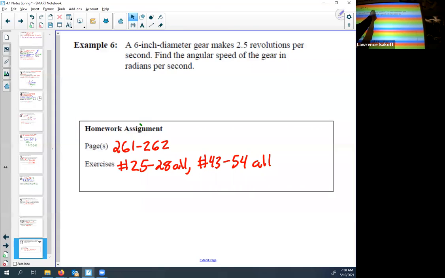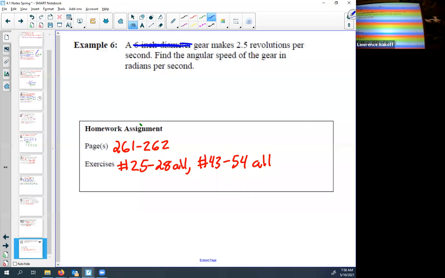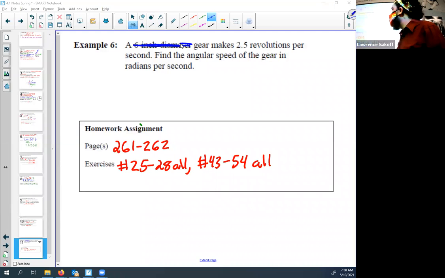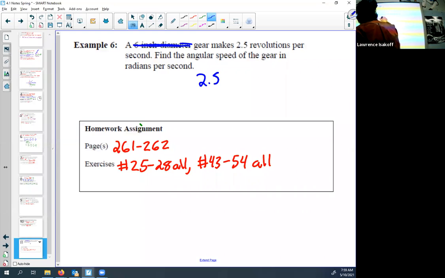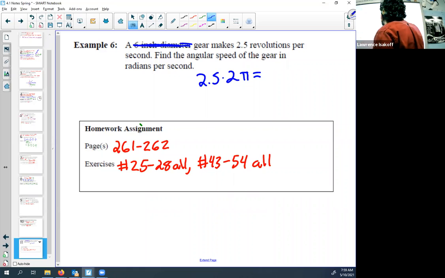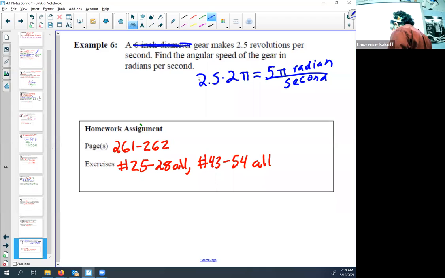So diameter 6 inches doesn't mean anything here. 2.5 revolutions. We want it in radians per second. So I'm going to do 2.5 times 2 pi radians. So that means I get 5 pi radians every second.